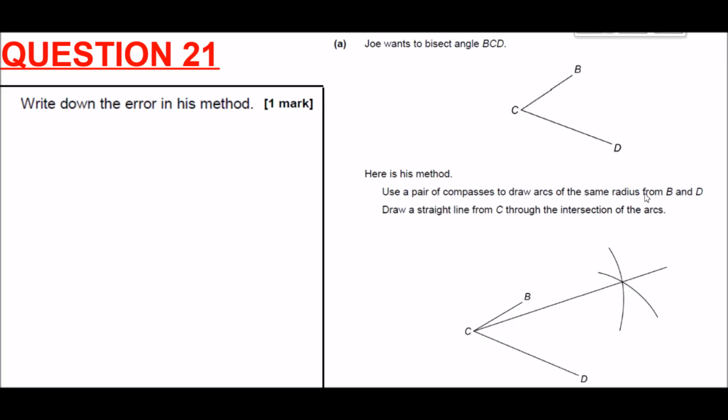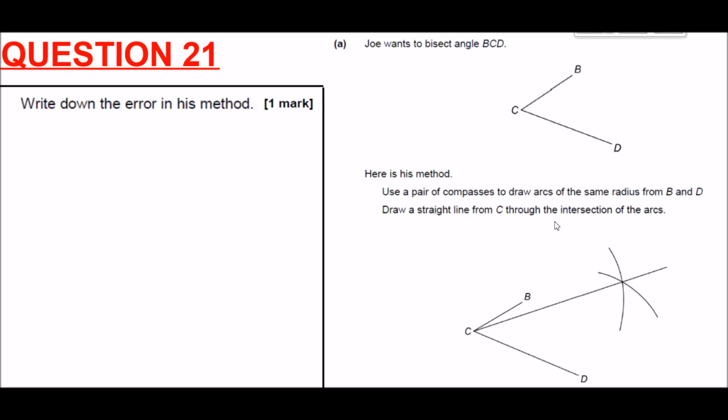Question 21. Joe's been bisecting an angle, or trying to at any rate. So he's written down his method. He says use a pair of compasses to draw arcs of the same radius from B and D, and draw a straight line from C through the intersection of the arcs.